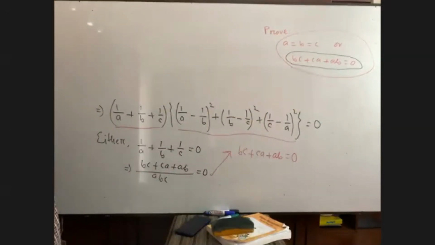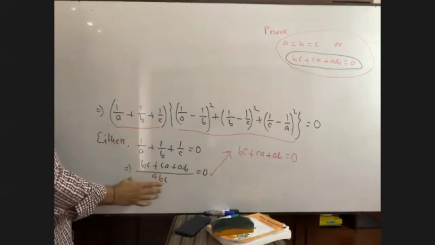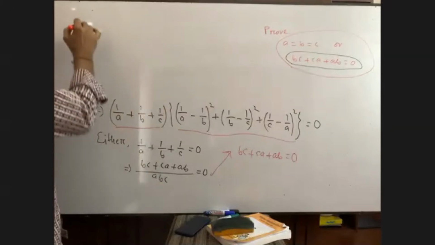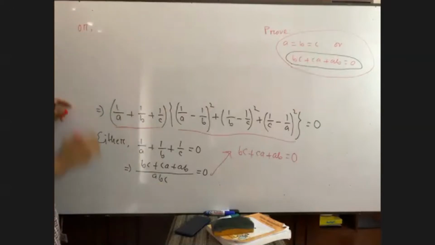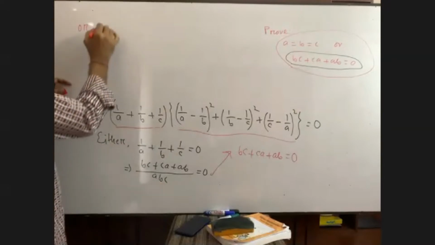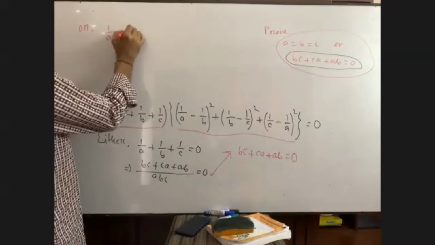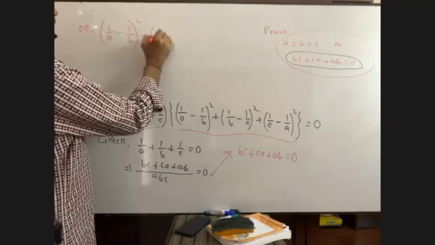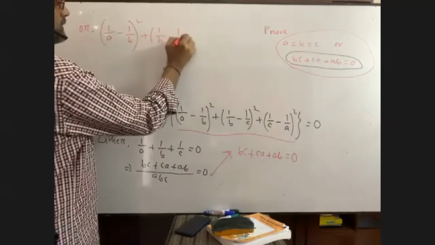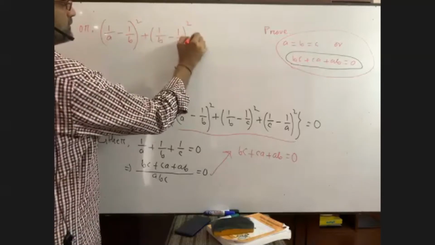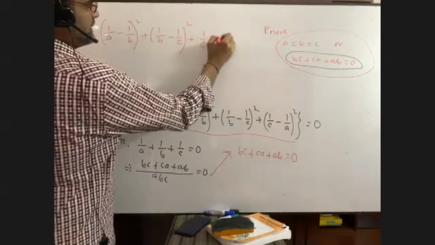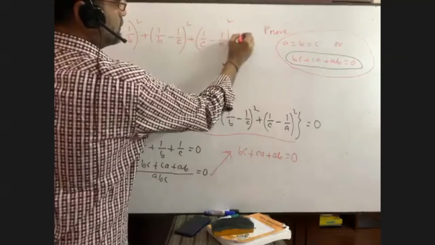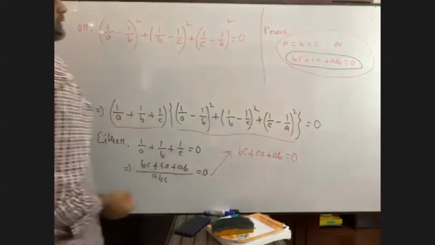So what I have considered here, the first part is 0. Now it is written either... Now I have to write or the second part may be 0. That is 1 by a minus 1 by b is equal to, sorry, plus 1 by b minus 1 by c plus 1 by c, 1 by c is equal to 0, right?